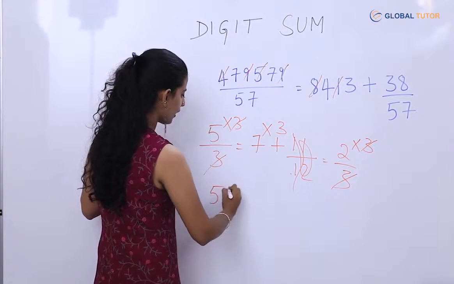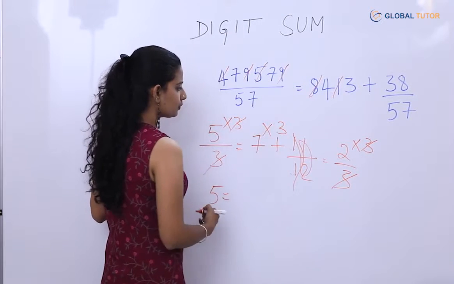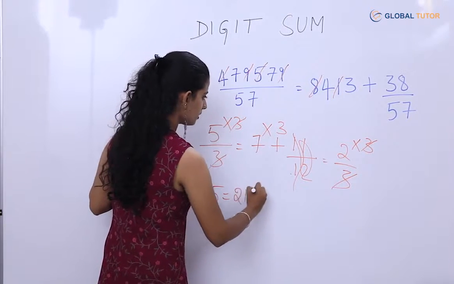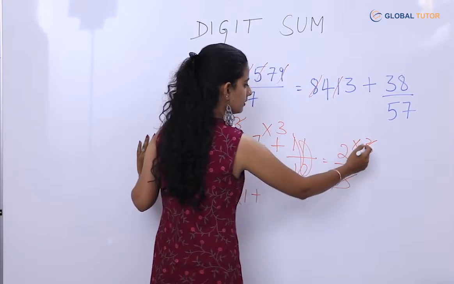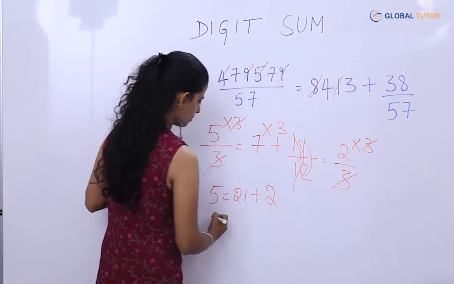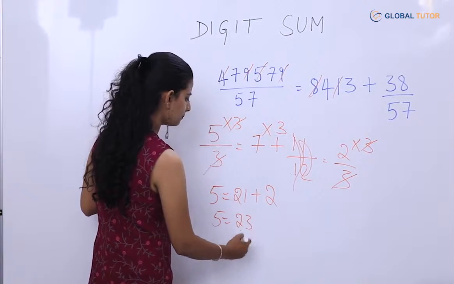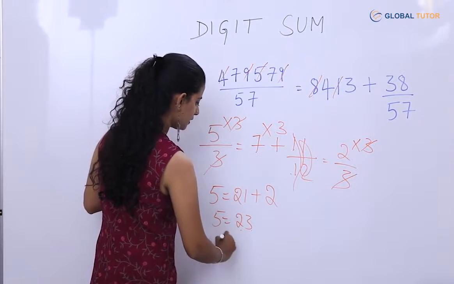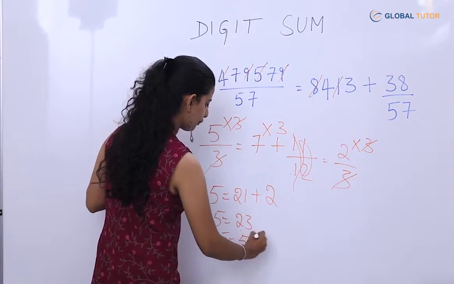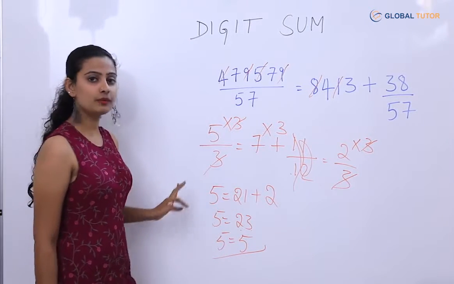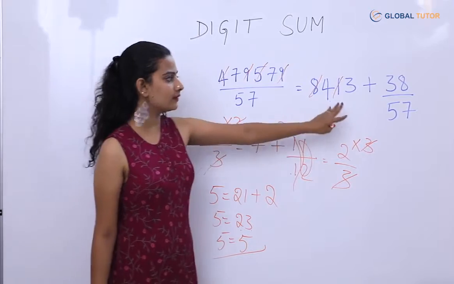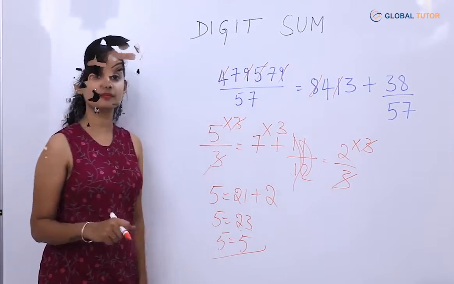Now 5 is equal to 7 into 3, which is 21, plus 2. So 5 is equal to 23. 2 plus 3 is 5. So 5 is equal to 5. Here the digit sum rule can be applied and the given answer is correct.